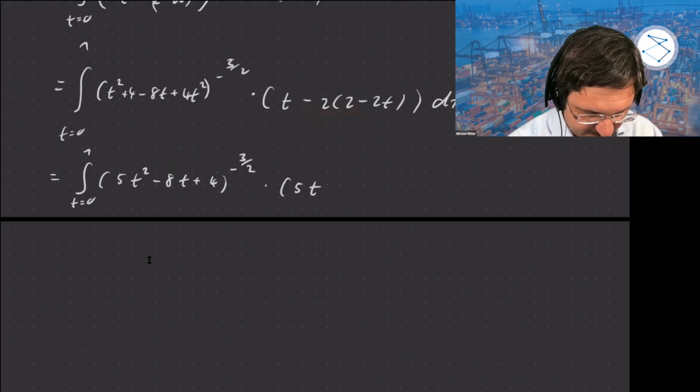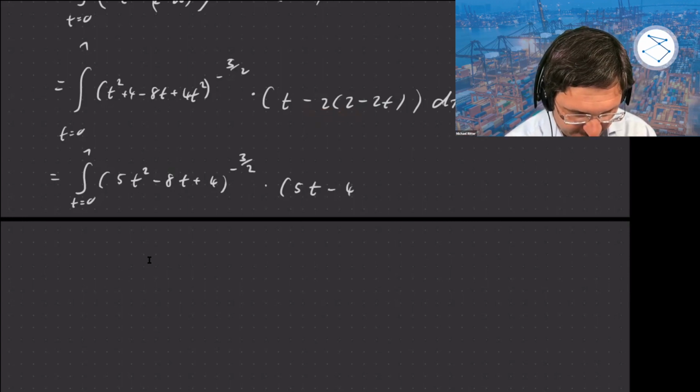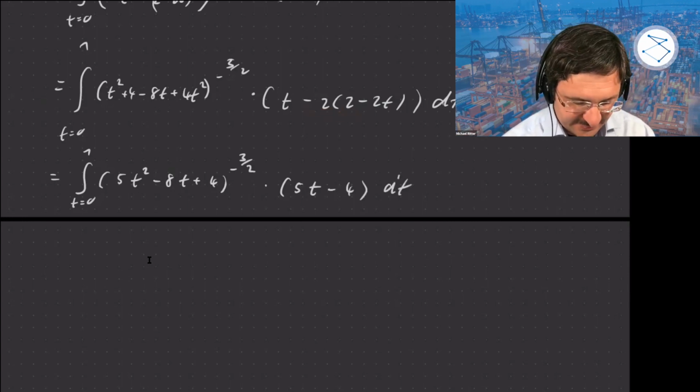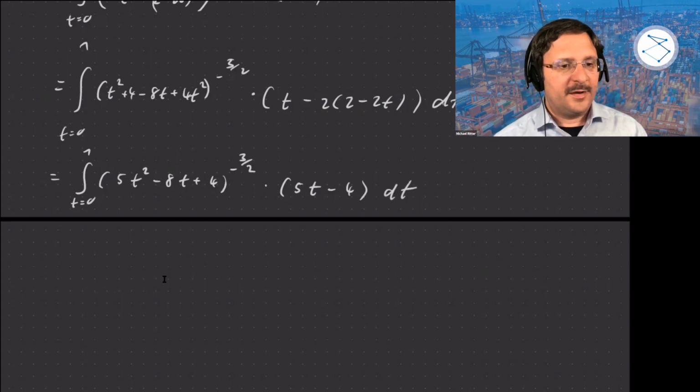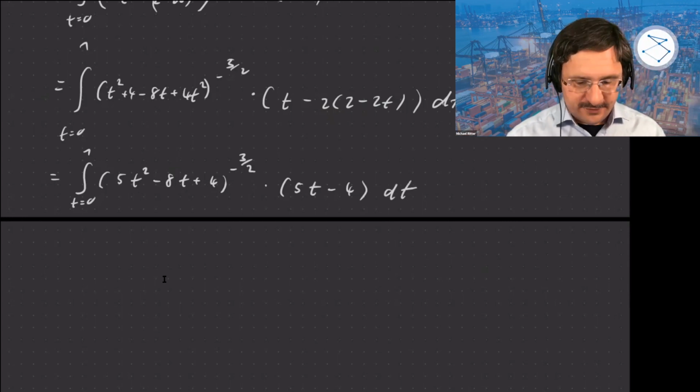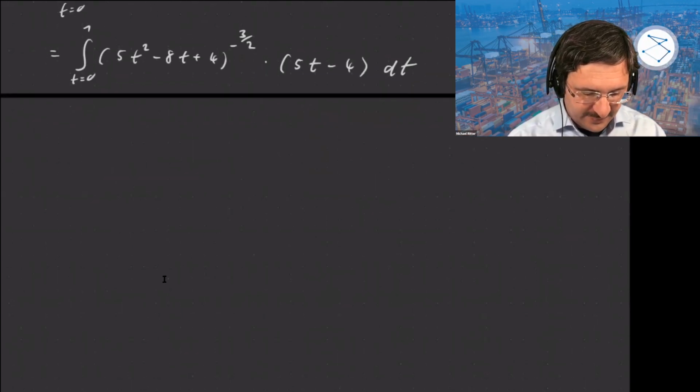And here we get -2 times 2, that's -4, dt. Okay, so that's the integral we have to solve.